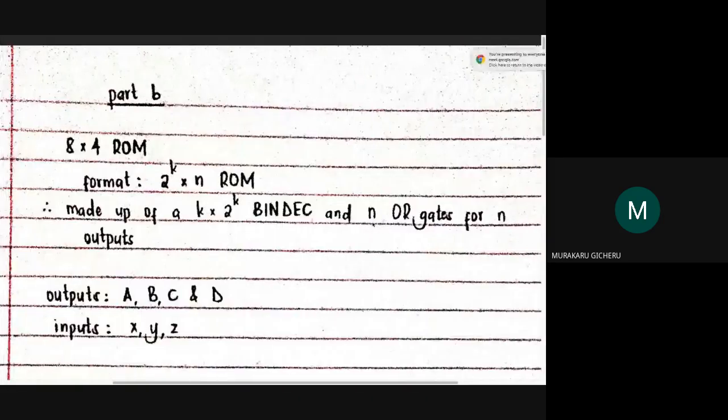Can you see this part B, 8x4? In our question, we've been given an 8x4 ROM, and the naming format for a ROM, as explained before, is 2 to the power k by n ROM. Inside the ROM structure, it's made up of a k by 2^k binary decoder and n OR gates, which will give us our n outputs.